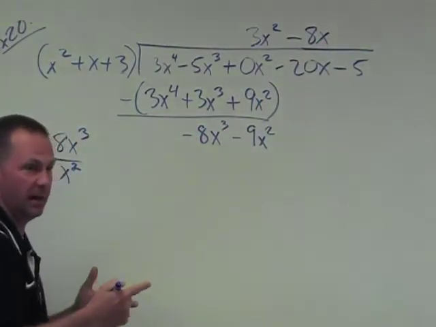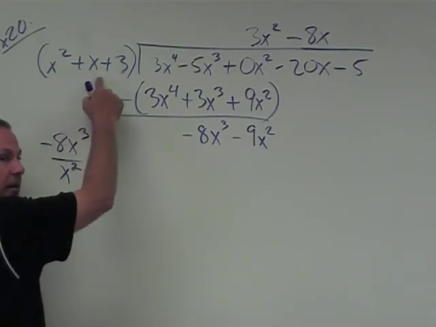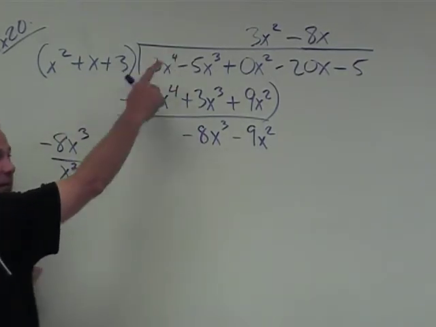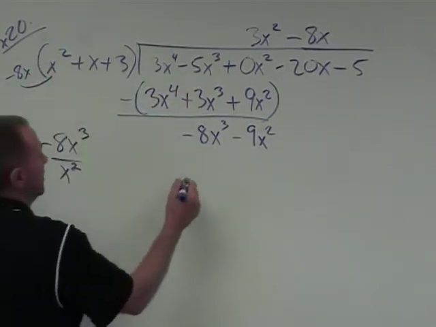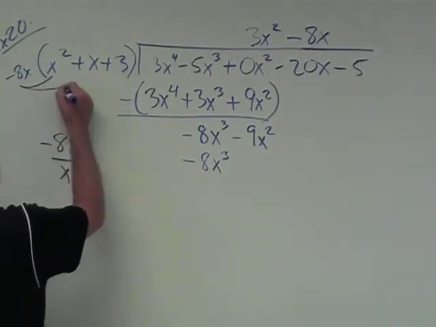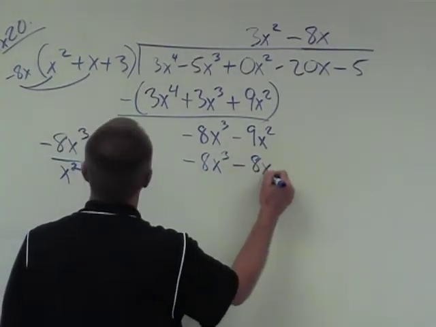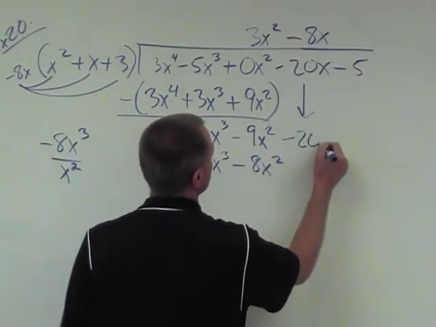Now you have to take that and distribute it through here, okay? You have to take that times this, negative 8x times this. So that gives me a negative 8x cubed, which is what we wanted. I forgot to drop this minus 20 down.